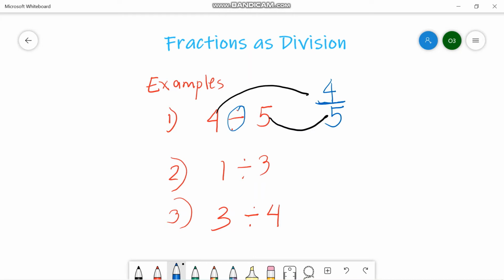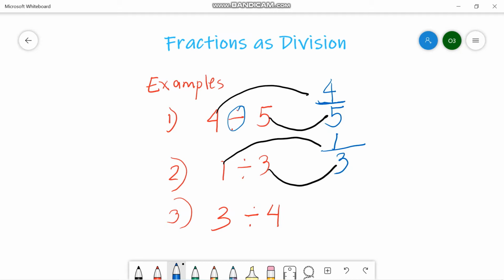Let's go to number 2. 1 divided by 3. So 1 divided by 3 can be written as 1 as the numerator and 3 as the denominator. Let's go to number 3. 3 divided by 4.